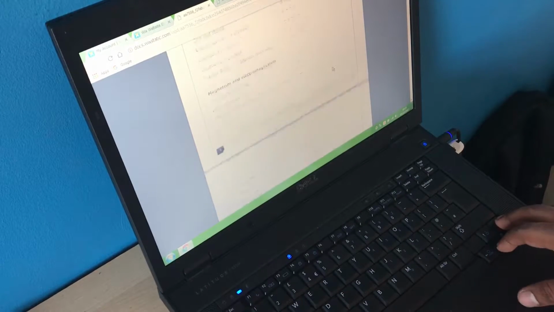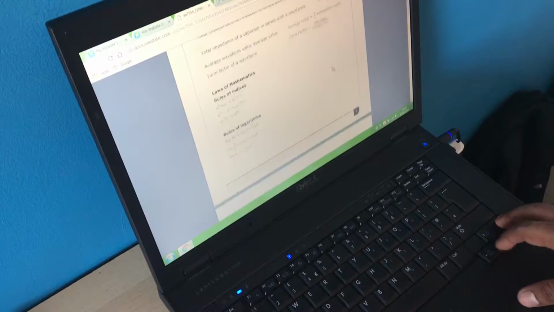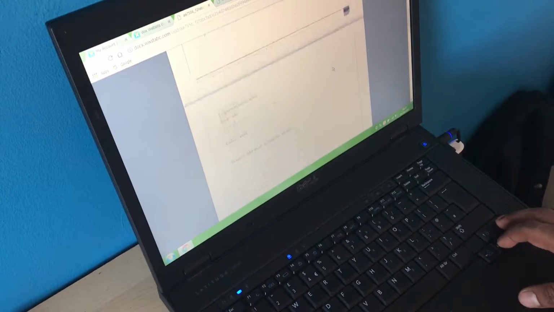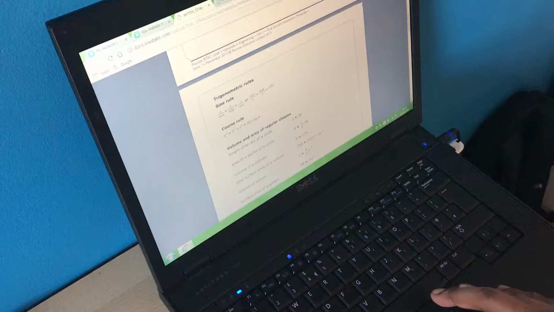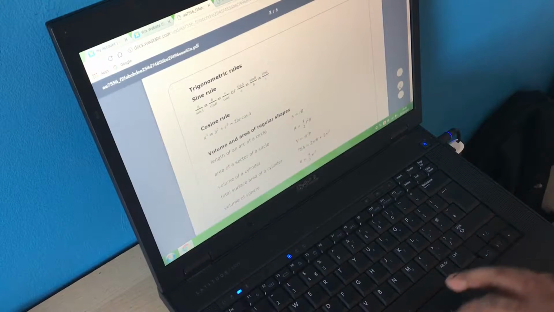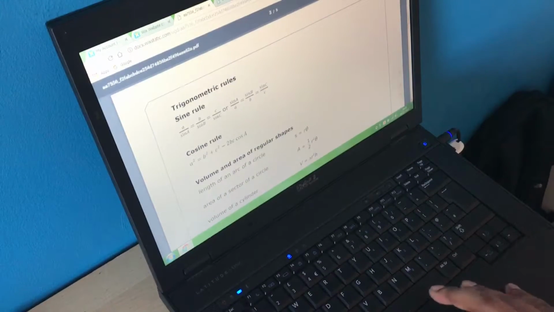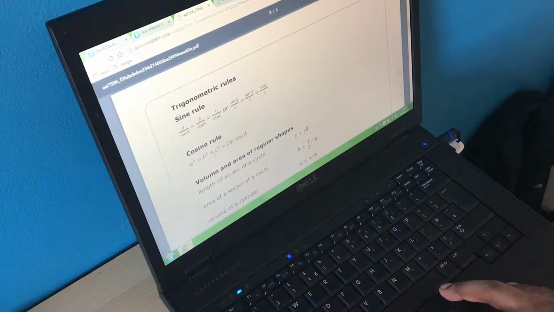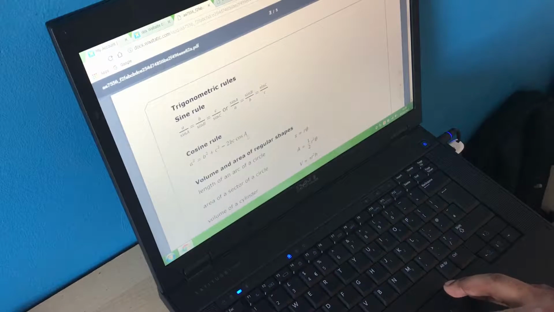When you scroll down to page number 4, you have your trigonometric rules, and you've got your cosine rule here. Let me zoom in a bit. It says a square equals b square plus c square minus 2bc cos A.